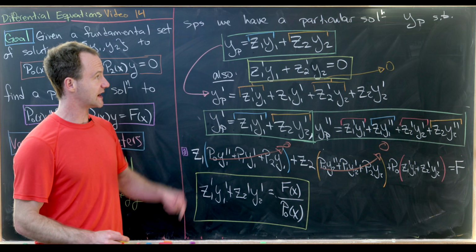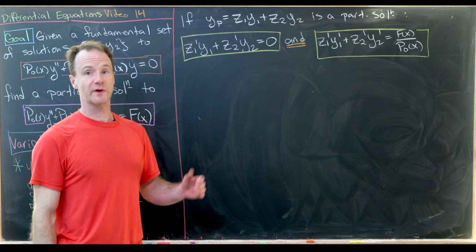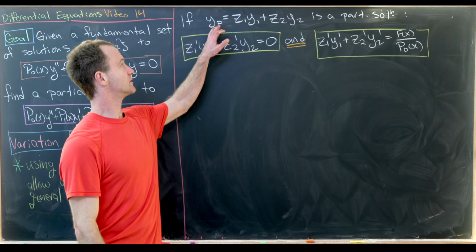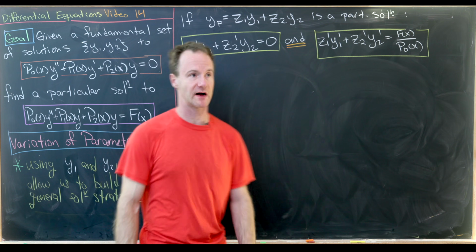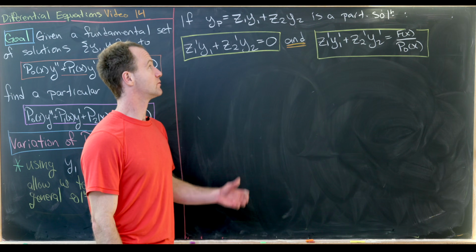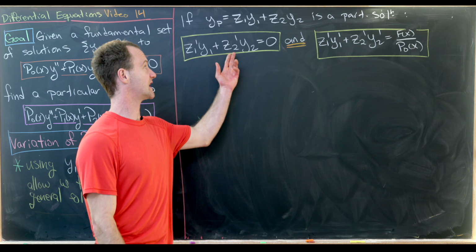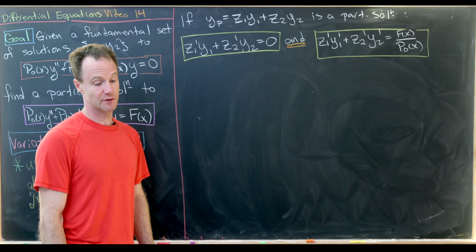So we'll start on the next board with those two equations and see what we can do. So this is where we ended the last board. We suppose that if yp was a particular solution to our purple box differential equation of the form z1 y1 plus z2 y2, satisfying this first equation, then it must satisfy this second equation.